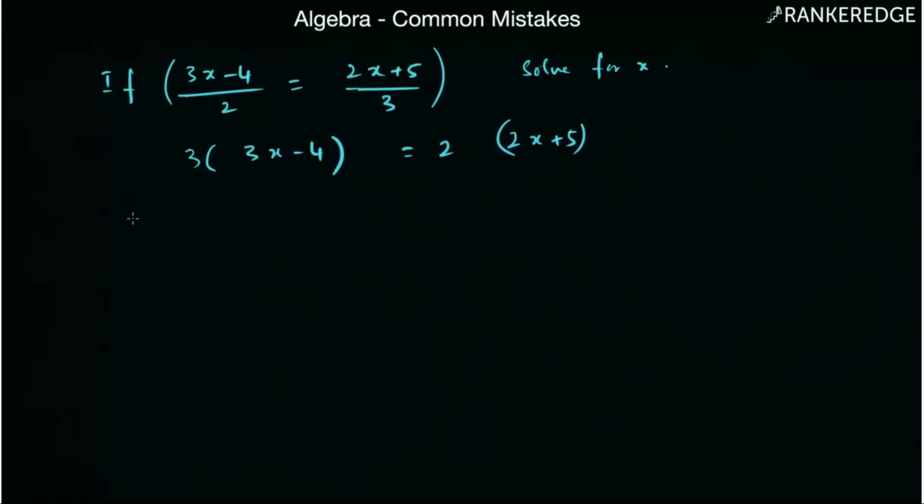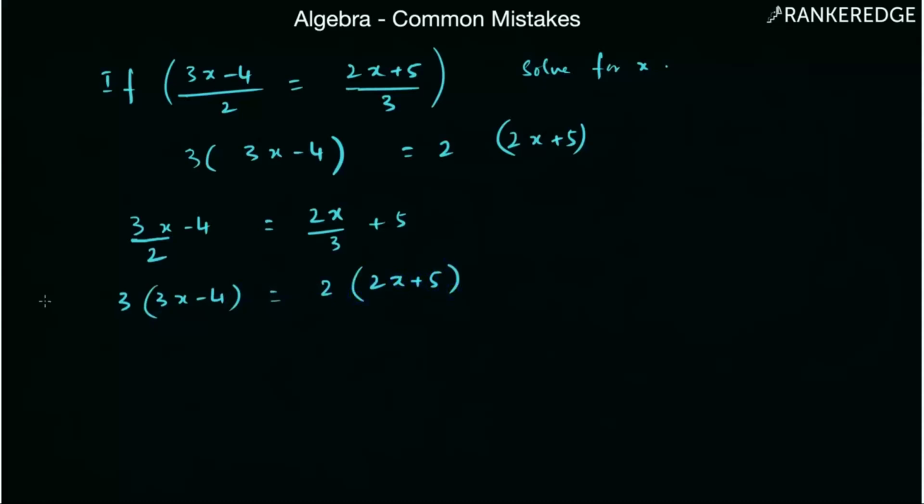But if I have 3x minus 4 and then this division is only for 3x, and on the right hand side I have 2x by 3 plus 5, then can I say 3 into 3x minus 4 is equal to 2 into 2x plus 5? This is wrong. Firstly, I have to take LCM.